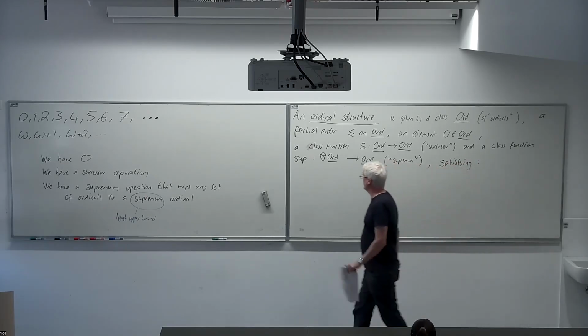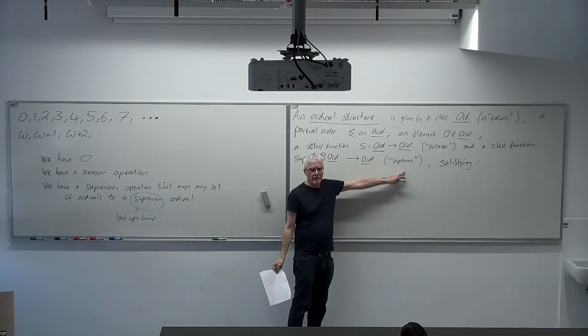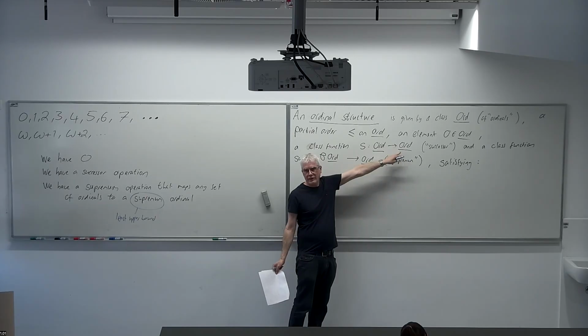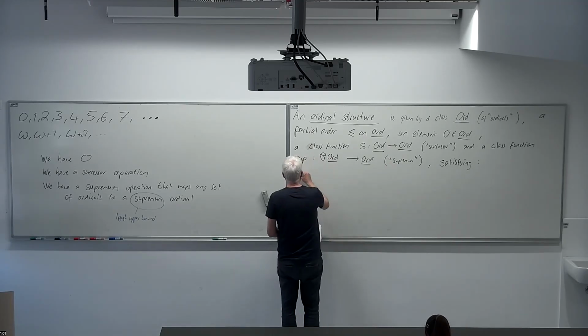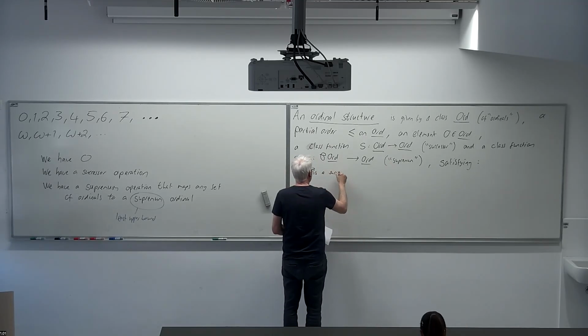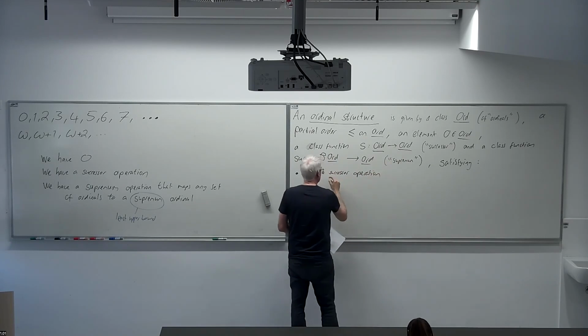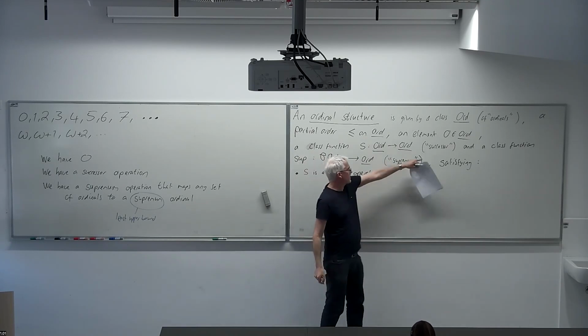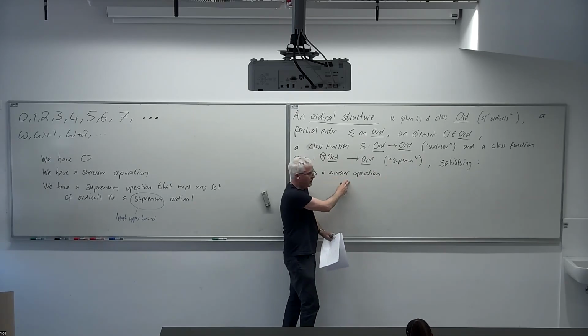The first two say that the successor and the supremum behave as their names suggest. So the successor is indeed a successor operation. S is a successor operation. Here we're using successor as a name, but here I'm using it as mathematical terminology.